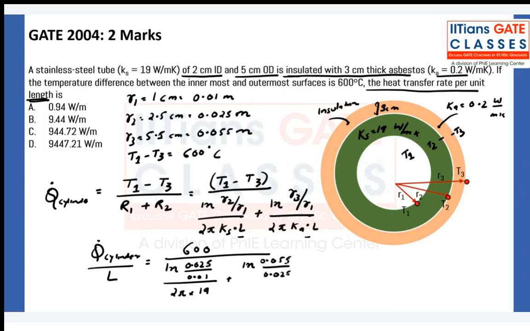This is R3 by R2, not R1. Upon 2 pi, and this is 0.2.